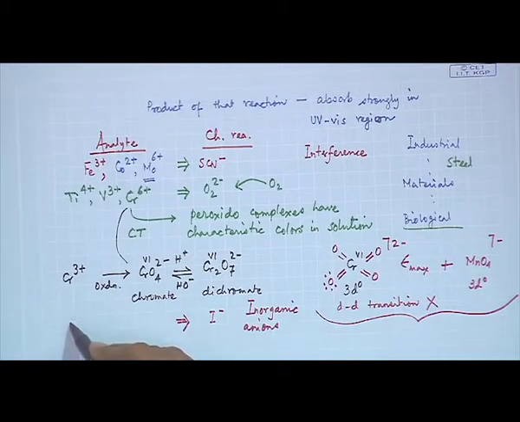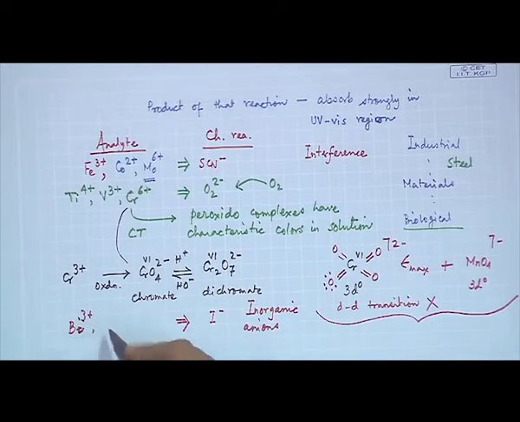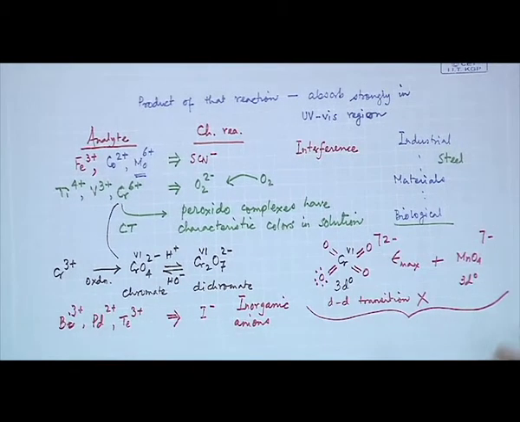So, it can react with bismuth 3+, then palladium 2+, then tellurium 3+. In solution, mostly aqueous solution, all of them can give rise to very good coloration with these iodide ions.